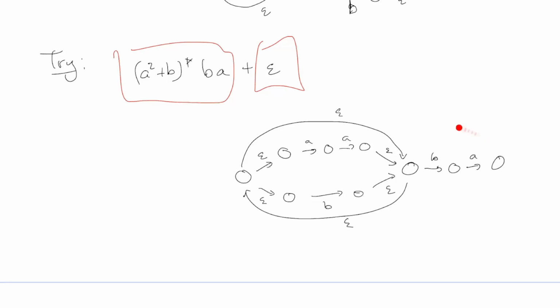That means I plug this in as one half of a plus construction, which is the two parallel routes. So this, I suppose, is my final answer. This is the starting state. It goes on two parallel tracks. One goes through the top one, which is all that stuff, A squared plus B star BA, and the bottom one just goes through epsilon.